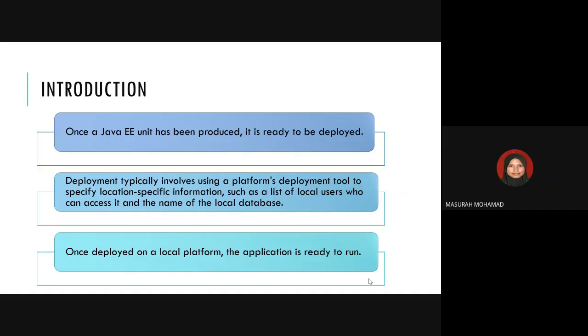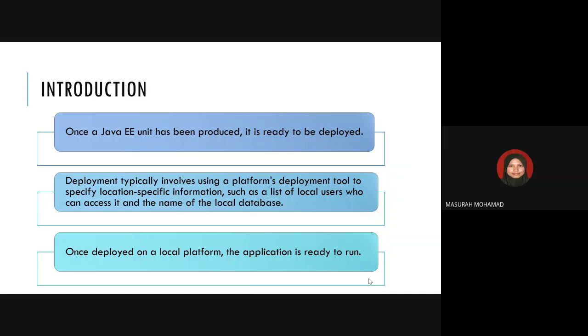Once the Java EE unit has been produced, it is ready to be deployed. The deployment typically involves using a platform deployment tool. Why does it involve the platform's deployment tool?